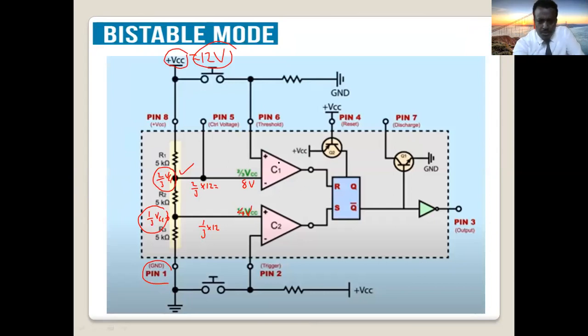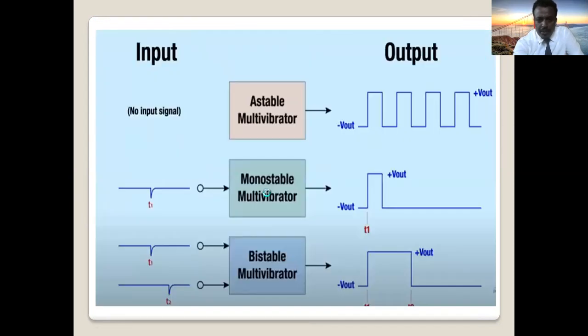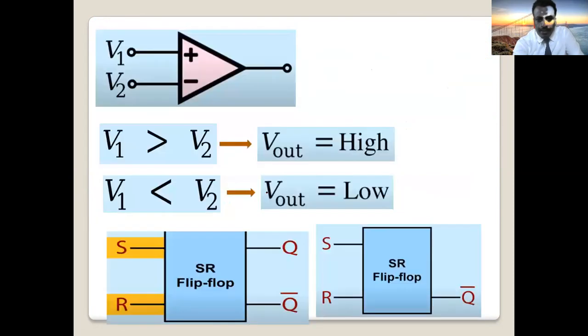So let's go to our bistable mode. Here we have the second part, comparator C1 and comparator C2. Comparator C1 has 2 inputs. Always when you see a comparator, a device with 2 inputs, check which one is larger. If the positive is greater than the negative, output will be 1. If the voltage at the negative terminal is larger than the positive terminal, output will be 0.